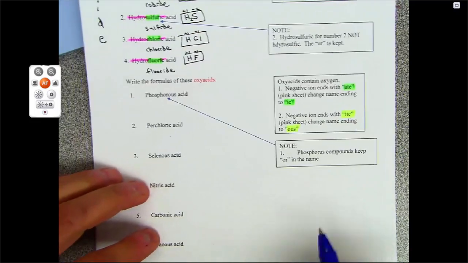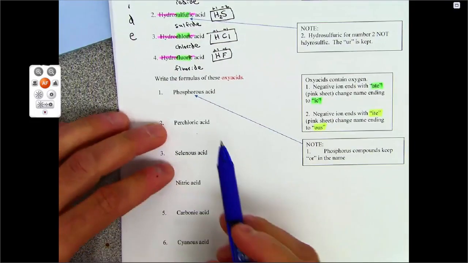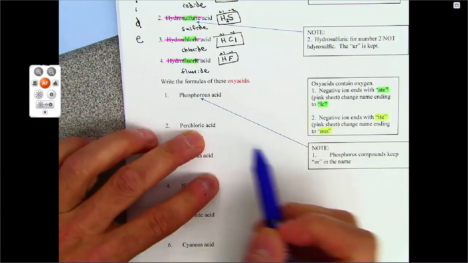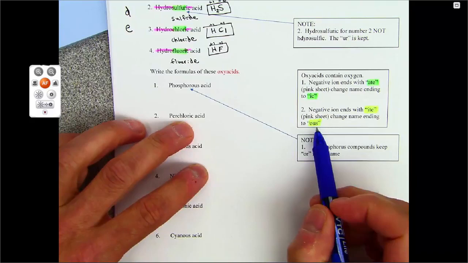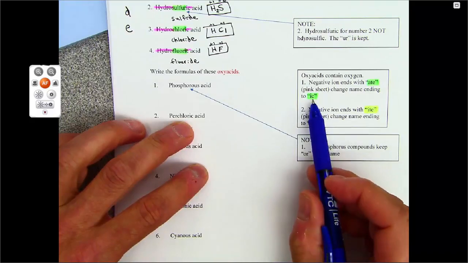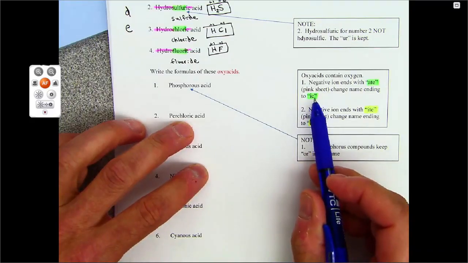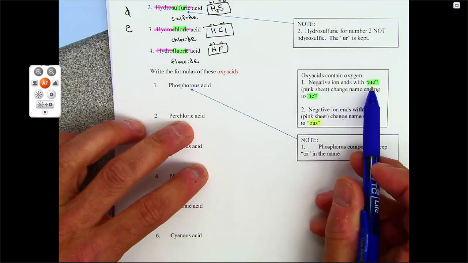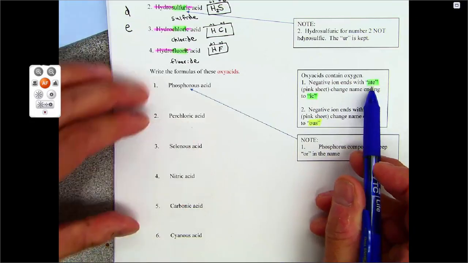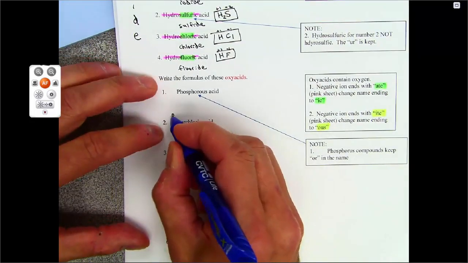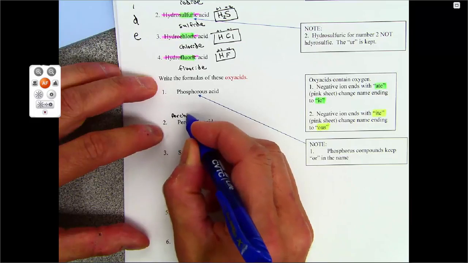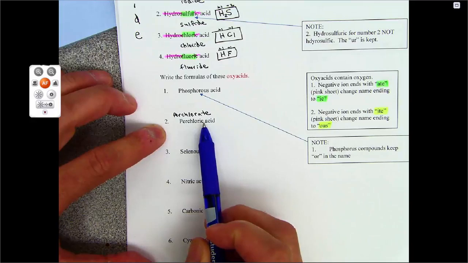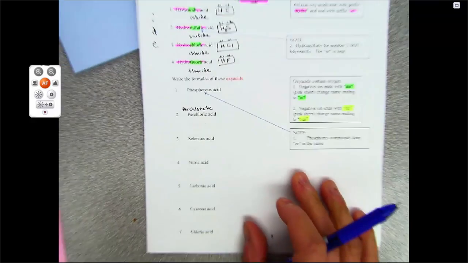Now I'm going to go to number 2 first. Now these are the names. So in number 2, if the name ends in IC, what I'd find on the pink sheet is a negative ion that ends in ATE. So if this ends in IC, what we're going to find is perchlorate. ATE to IC.